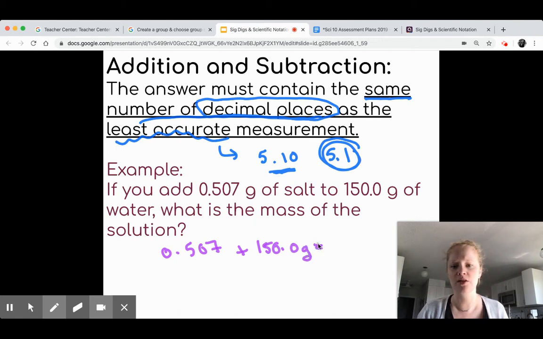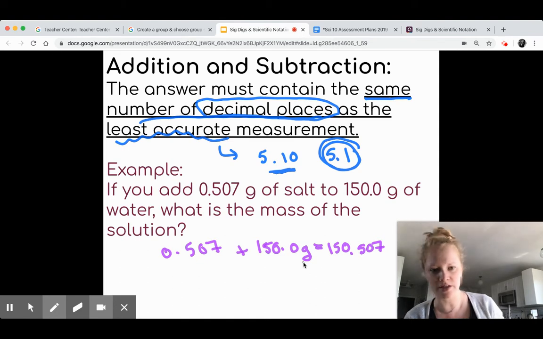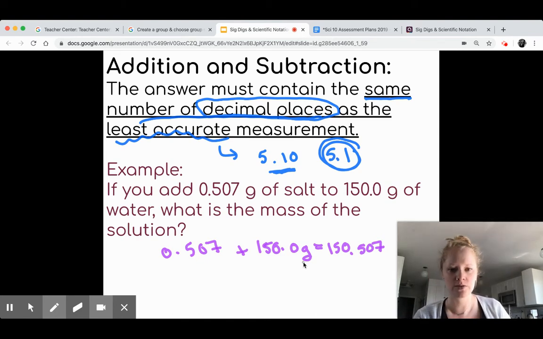Okay. And this should equal, if we type it into our calculator, 150.507. Now, our rules for sig digs or answers are the following for adding. Must contain the same number of decimal places as the least accurate measurement.